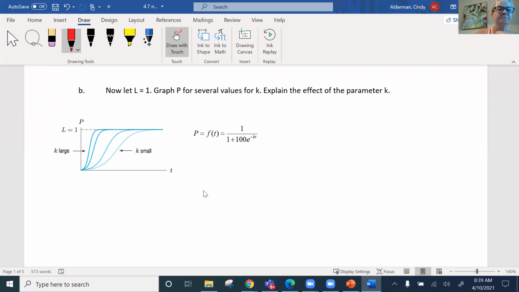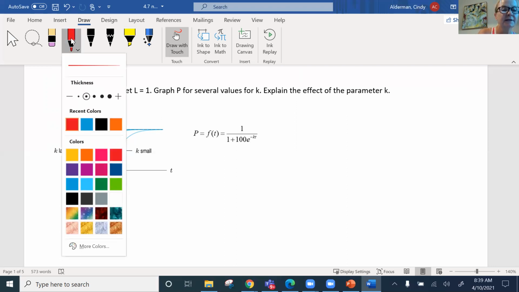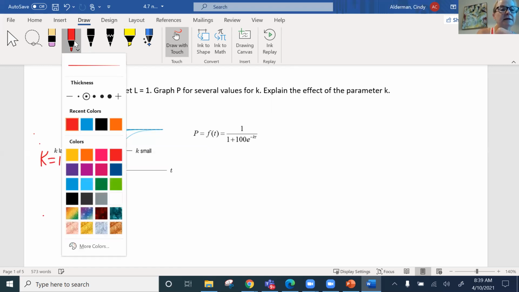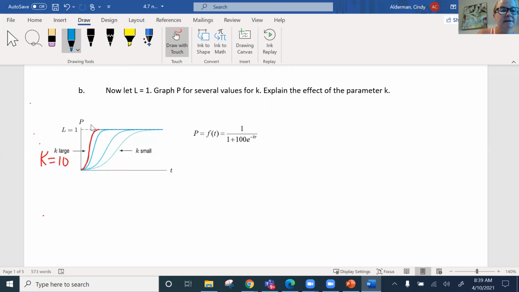We've done K is equal to 10. Let's see if I can color code this for you. So here K is large, right? In this graph, K was equal to 10. And then in this one, K was equal to 5.